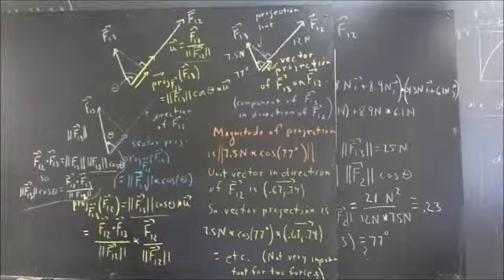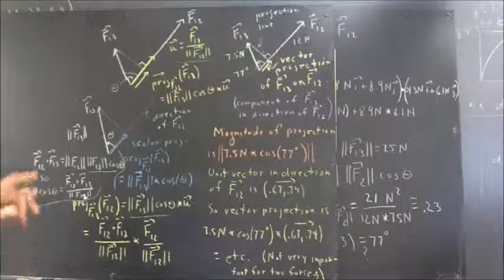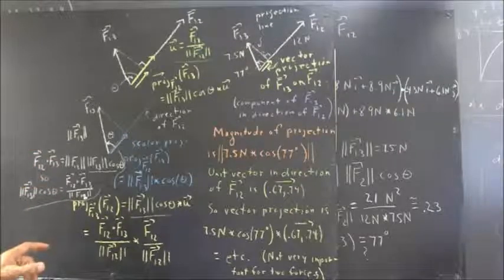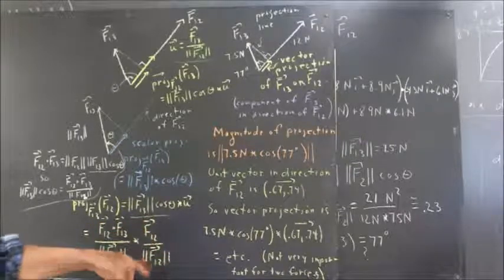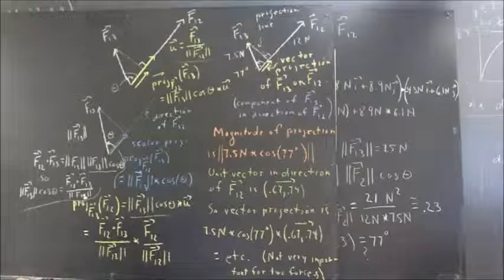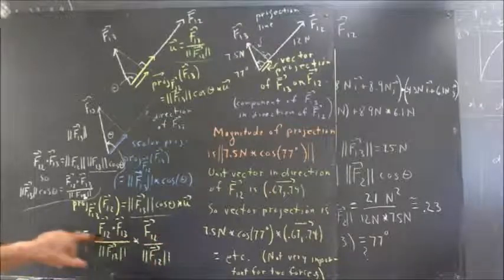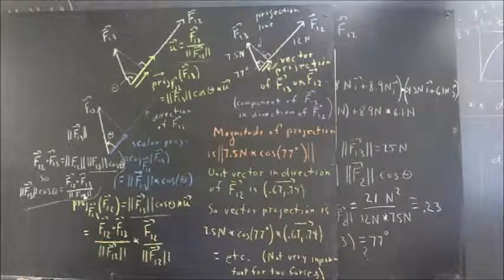If you just mindlessly apply the formula, you have no connection with what's really going on here, and it's going to limit your understanding of the projection and of what you're doing and of how it might be useful in a given situation. So I recommend that you calculate this and you calculate this and test whether this is a unit vector. Then you can multiply the two and you can make sense.